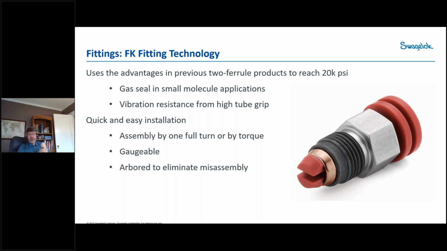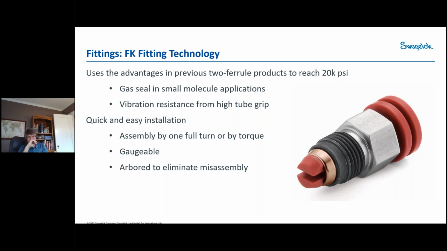This fitting was designed to give us all the advantages, essentially, of the two ferrule technology and reach 20,000 PSI as a pressure rating. It does all of the things we just mentioned about with burnishing to create nice gas seal. It has excellent tubing support, very, very long sealing length, very high performance and vibration.